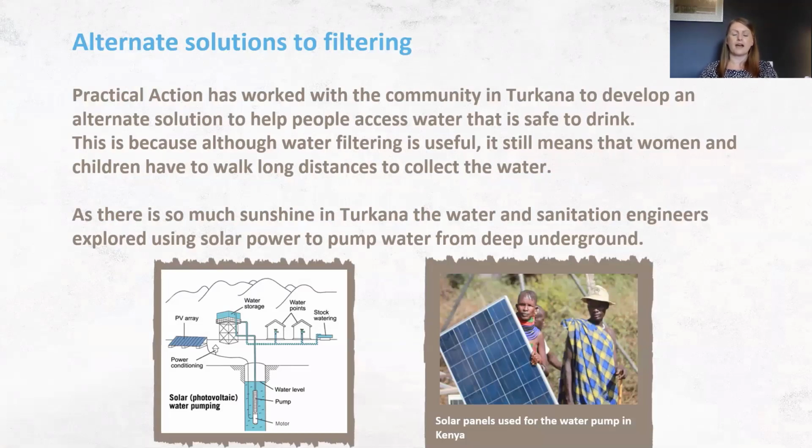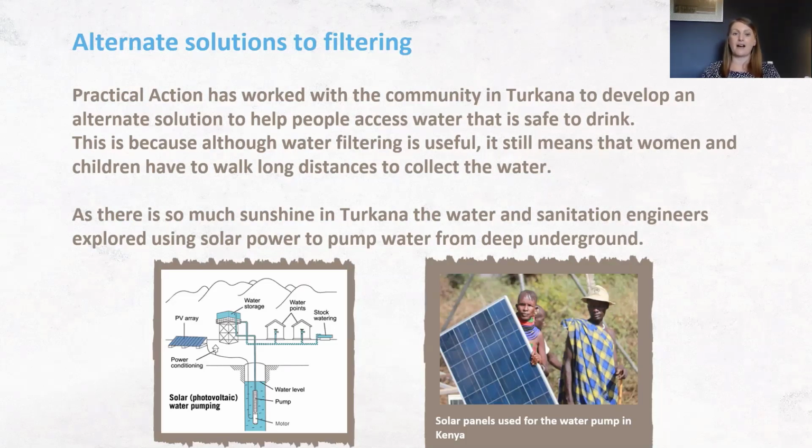So what the organisations involved in the local community, Practical Action, did was to create a solar powered pump that pumps the water from deep underground. There's a lot of sun in Turkana, and it means that the water pumped from deep underground is really clean, and it can be pumped locally so that the women and children don't have to go collecting the water from long distances.